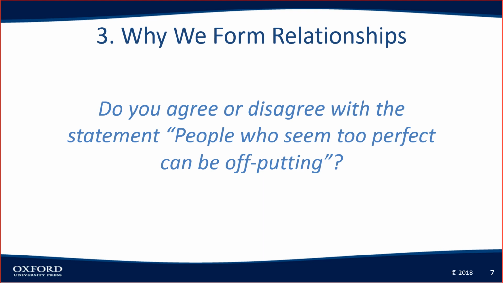Do you agree or disagree with this statement? People who seem too perfect can be off-putting. I do believe that this is influenced by our environment, our experiences, our maturity, and our culture. So some people might be attractive to someone who appears perfect or could be under the halo effect, but they may be interested in following them or connecting with them because they want to learn something from them.